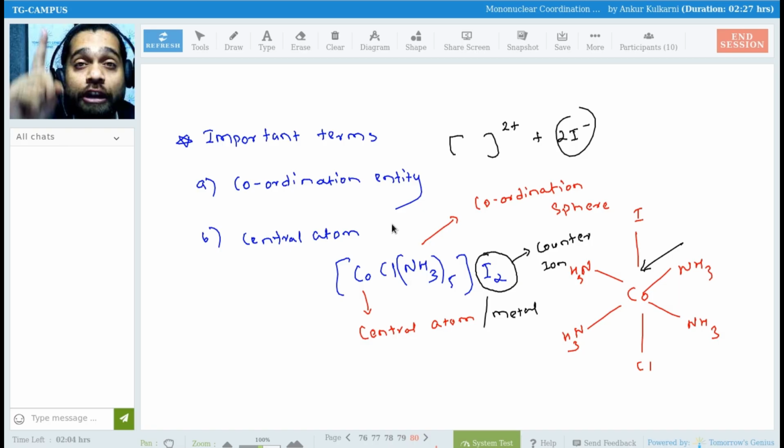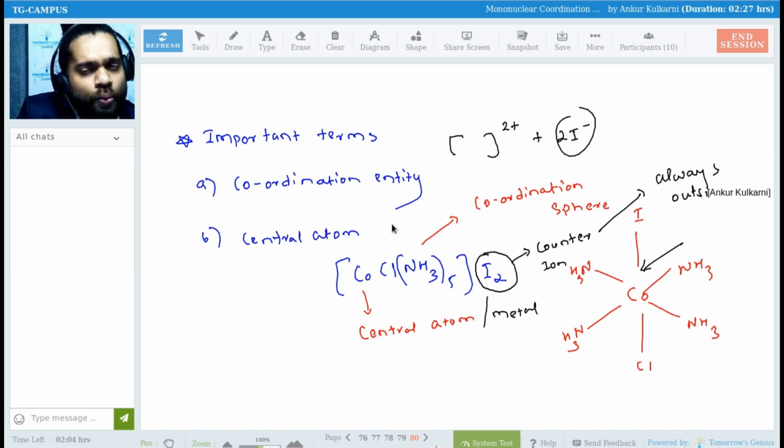So counter ion will always and always be outside the square bracket. Write it down. Counter ion always outside square bracket. I'll explain why there is a bracket, why we have counter ion, but let's go step by step.